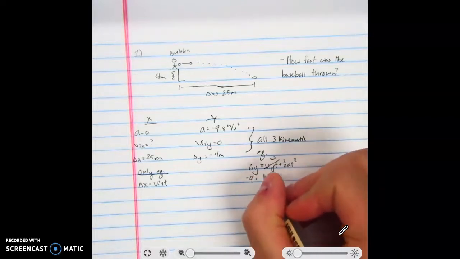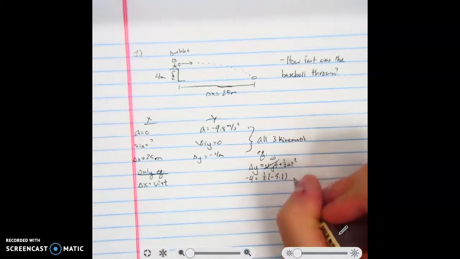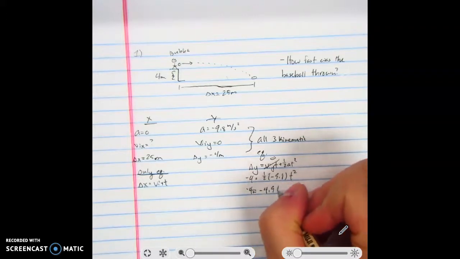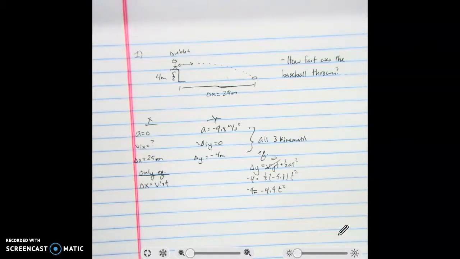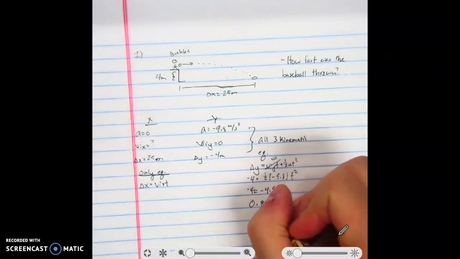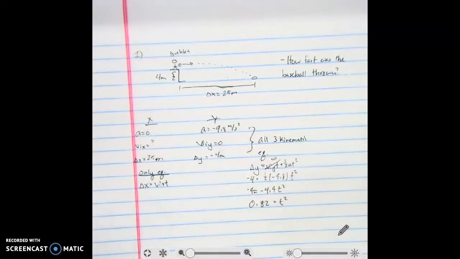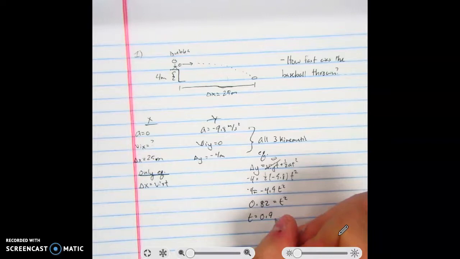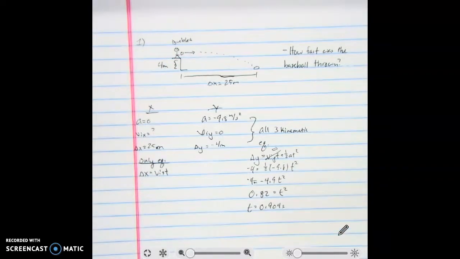So negative 4 is equal to 1/2 times negative 9.8 t squared. Solve it out: negative 4 divided by negative 4.9. So it takes about 0.904 seconds to hit the ground.